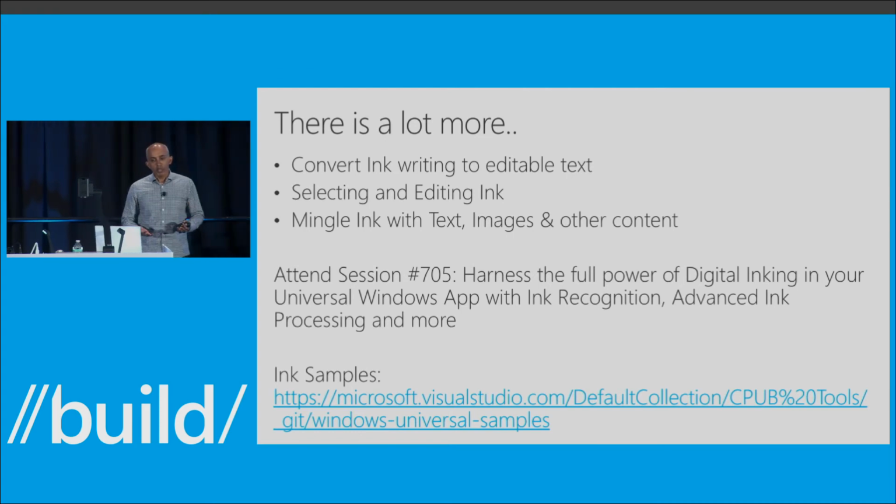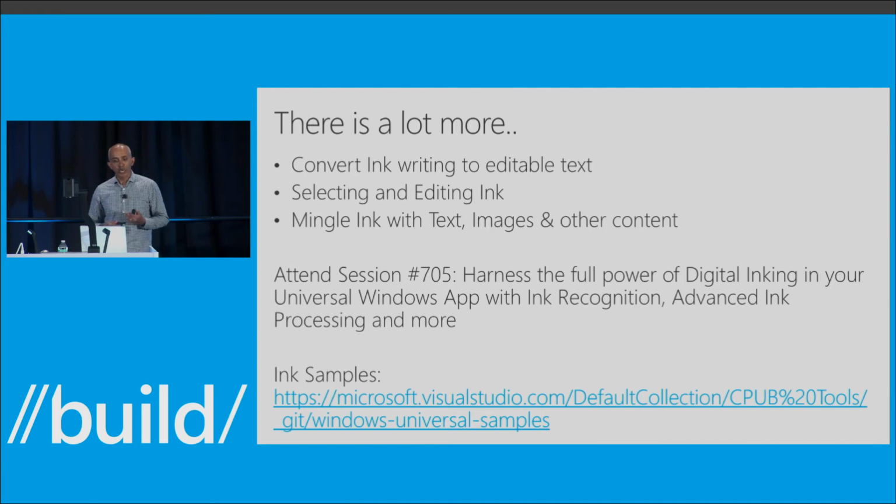So the Ink Canvas and the Ink Presenter give you an easy way to implement great inking functionality in your app. You saw several examples of that. But the platform has more. As I mentioned, the platform is flexible and powerful enough for you to implement even richer scenarios.